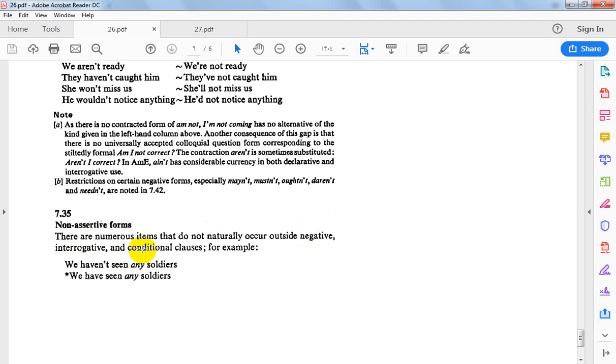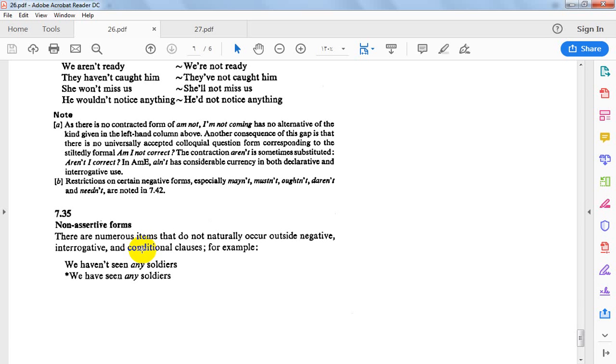Negation, interrogation, and conditional clauses are all parts or examples of non-assertion. That's why you should use non-assertive forms with them. You can't use some with a question. Of course, there are exceptions. We are talking about the general case.